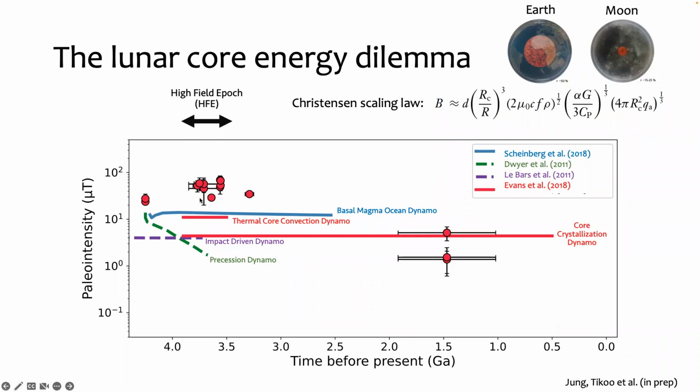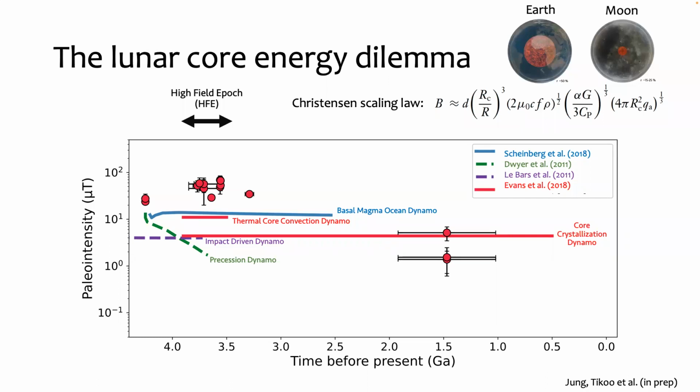And so really right now, only a few mechanisms can produce fields that are several tens of microtesla. One might be the precession dynamo, or a basal magma ocean dynamo, or some kind of intermittent dynamo that can have longer, higher field intensities every once in a while.